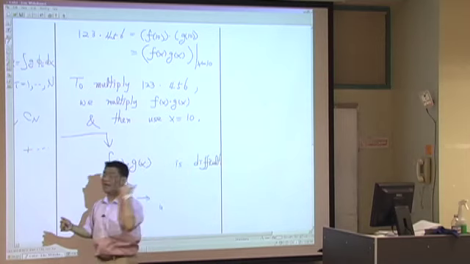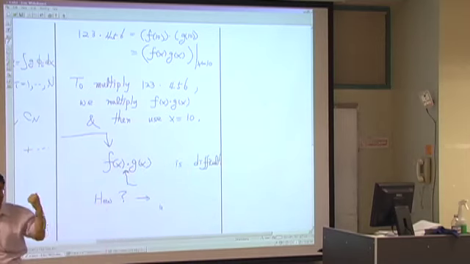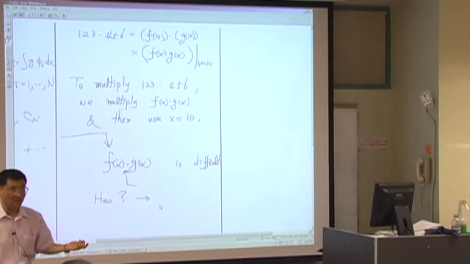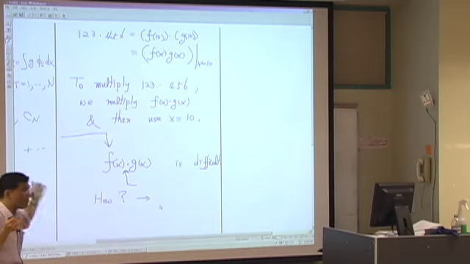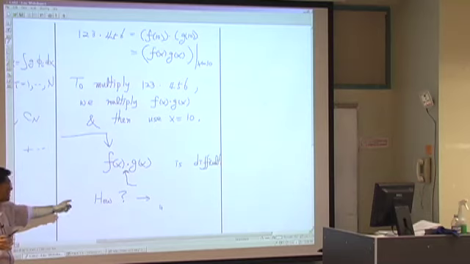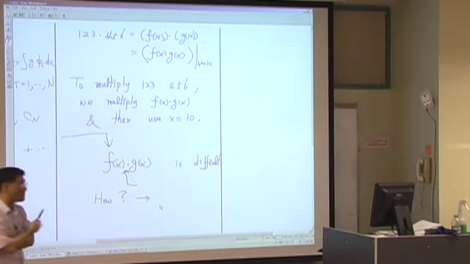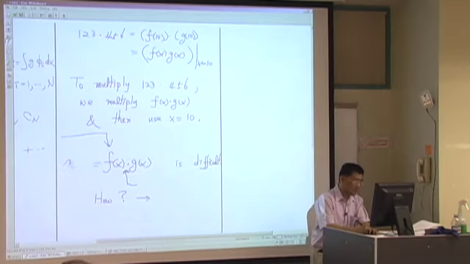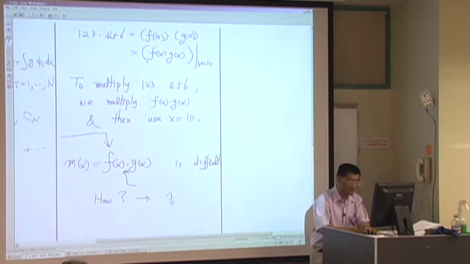Of course, my Maple could multiply them as functions and then find it. But without really multiplying f of x and g of x, how can you find this result of function multiplication? So how can you find the multifunction? Let's use m instead of multi. So how can you find m of x?